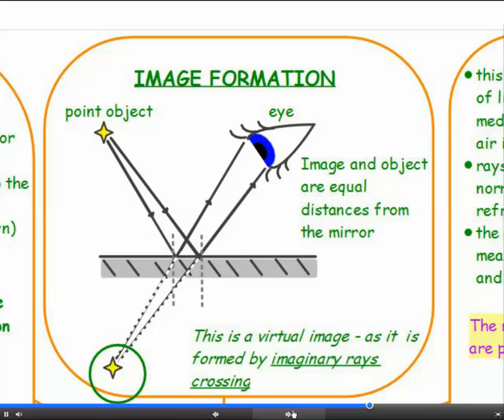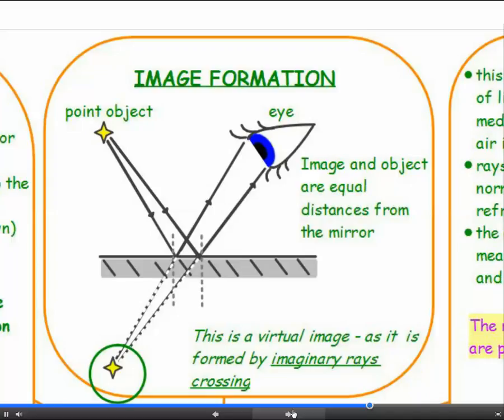So how do you draw the light rays and the imaginary rays when it's reflection in a plane mirror? Well, remember that the rays are actually reflecting from the surface of a mirror. So you can see at the surface of the mirror I've got two rays there. There are arrows on those lines going in the right direction.